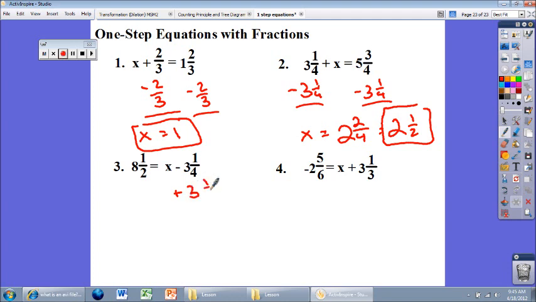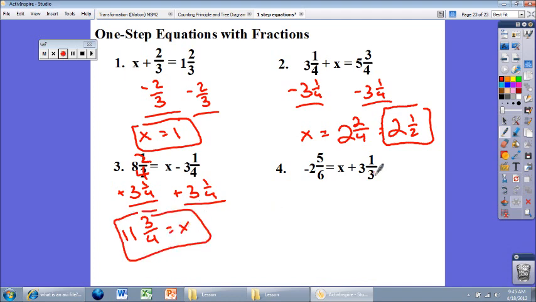We're going to add 3 1/4 over here. Now you should know your fraction rules to where you need to have a common denominator here. So the common denominator is going to make this a 4. It's going to make that a 2. So this is going to end up being 11 3/4. And then finally, we can go minus 3 1/3 here.